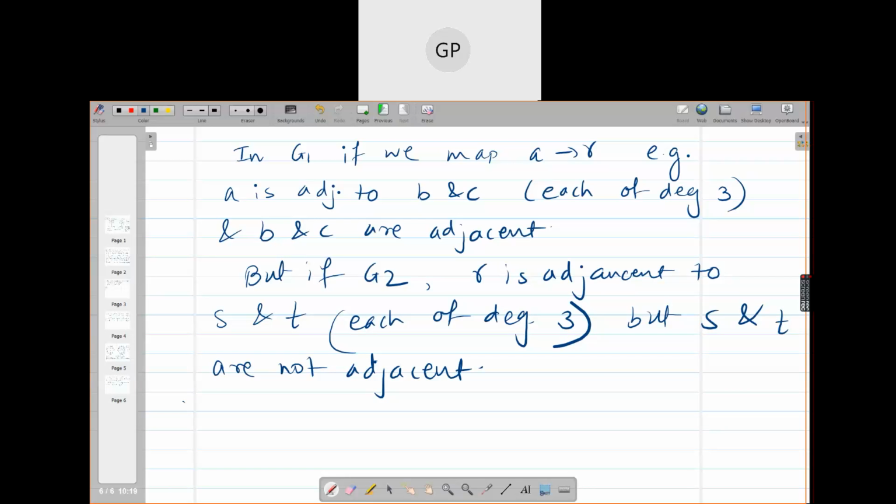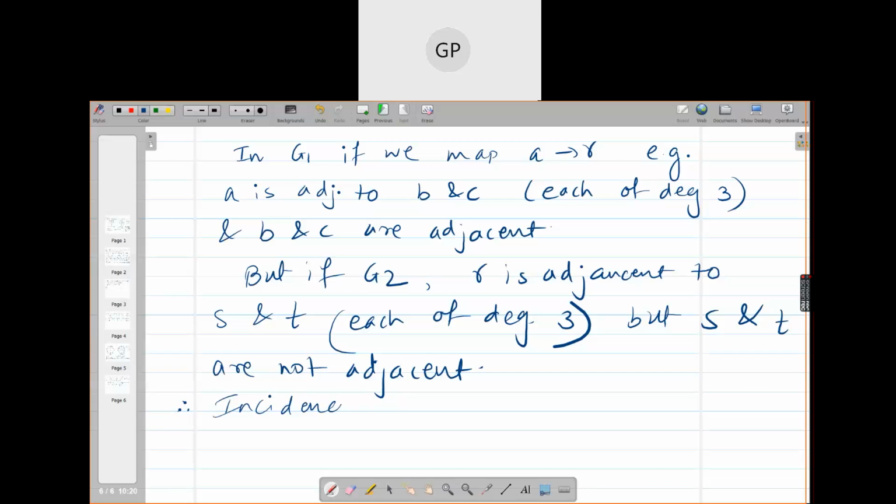Okay. So adjacency relationship, incidence relationship is not preserved. Therefore, G1 is not isomorphic to G2.